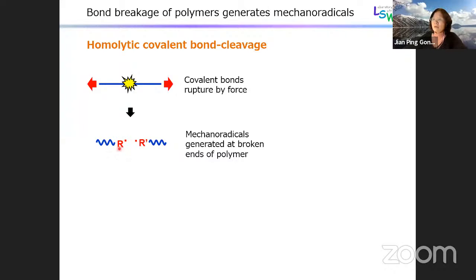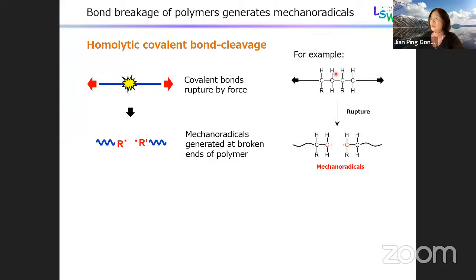There are two mechanoradicals generated at the broken ends of the chain. These mechanoradicals are chemically very reactive, so they can be used to trigger chemical reactions. For example, if we stretch our C-C carbon chains and the bond cleavage occurs, then we have two mechanoradicals here. And these mechanoradicals might be used for chemical reactions.